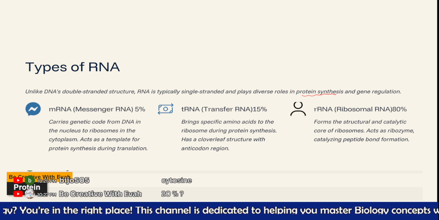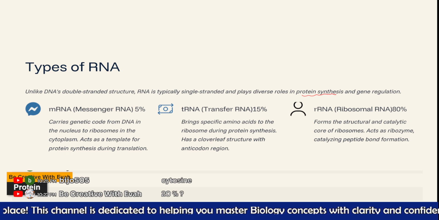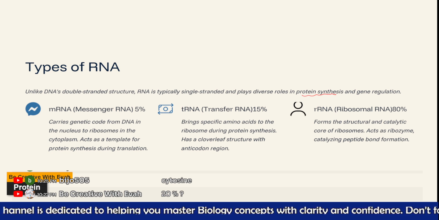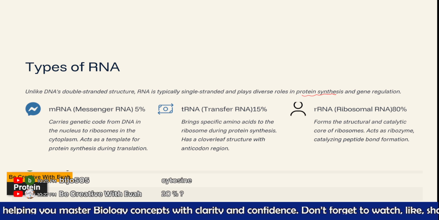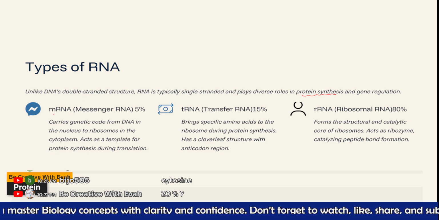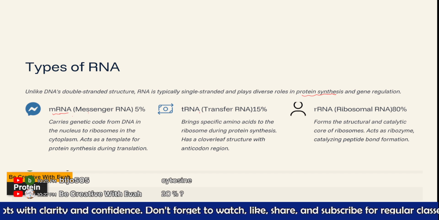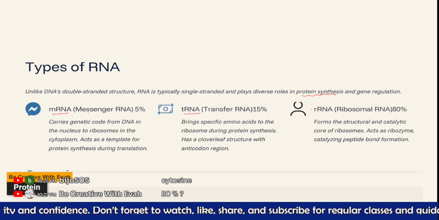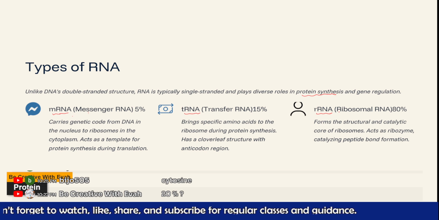Next year you will study more about the types of RNAs and specific RNA functions in the molecular biology part. There are three main types of RNA: messenger RNA, mRNA, transfer RNA, tRNA, and ribosomal RNA, or rRNA.